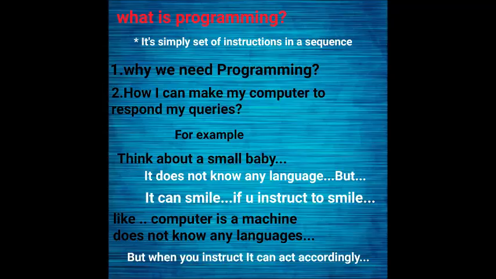It does not know any language, but a baby can smile if you instruct the word smile. Like that, a computer also does not know any language, but when you instruct it, it can act accordingly. So this is the way you have to instruct a computer to work for your commands and instructions.